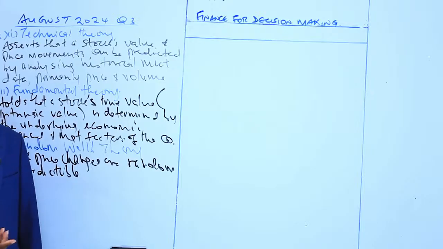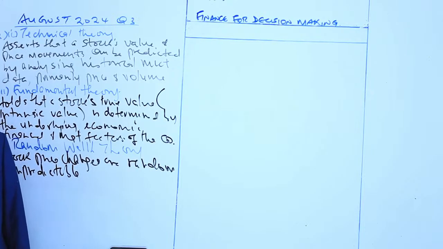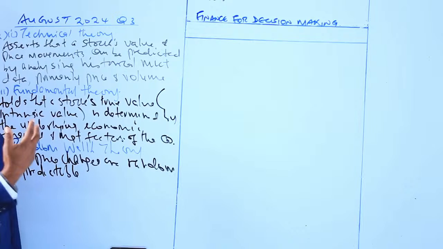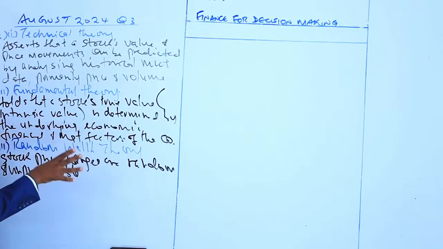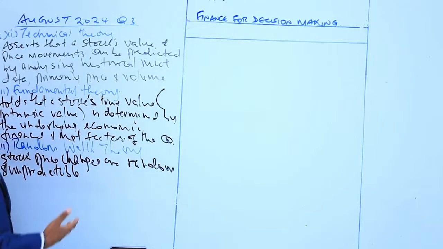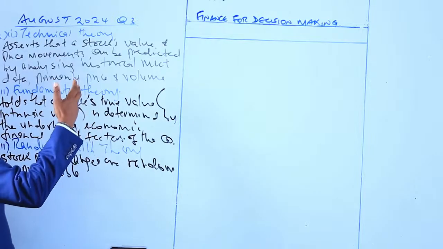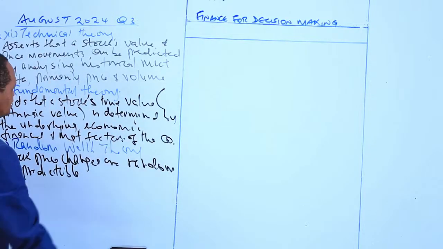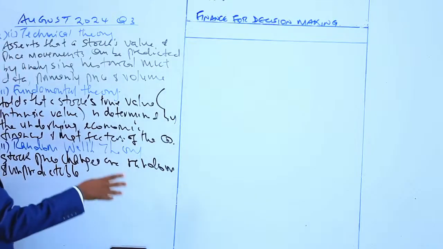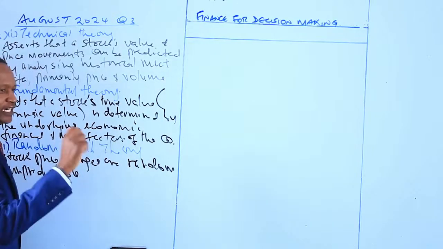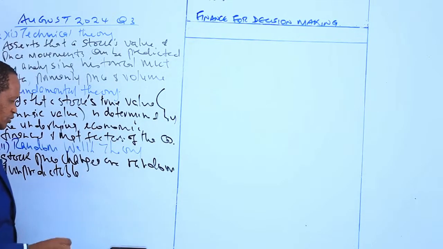That is to mean that the theory implies that an investor's best strategy is often to hold a diversified, passively managed portfolio. It is not possible to predict the future value of a share, whether you use technical analysis or the fundamental method. The stock price changes are random, meaning they are not predictable.